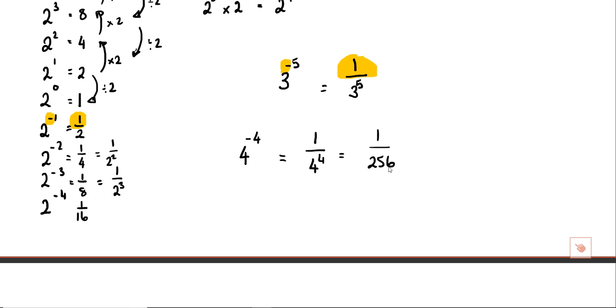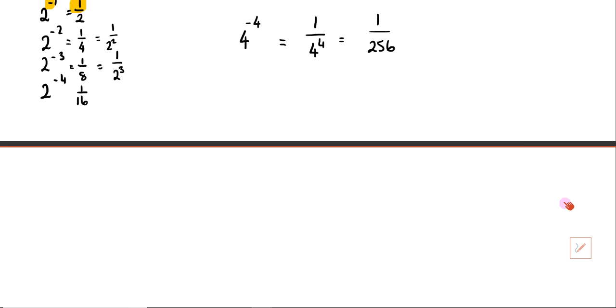Okay. Right, let me ask you whether we can apply our knowledge to something that we've already done. What if I said to you, simplify 3 to the power of 7 multiplied by 3 to the power of negative 2? Have a think. Who would like to give me an answer?